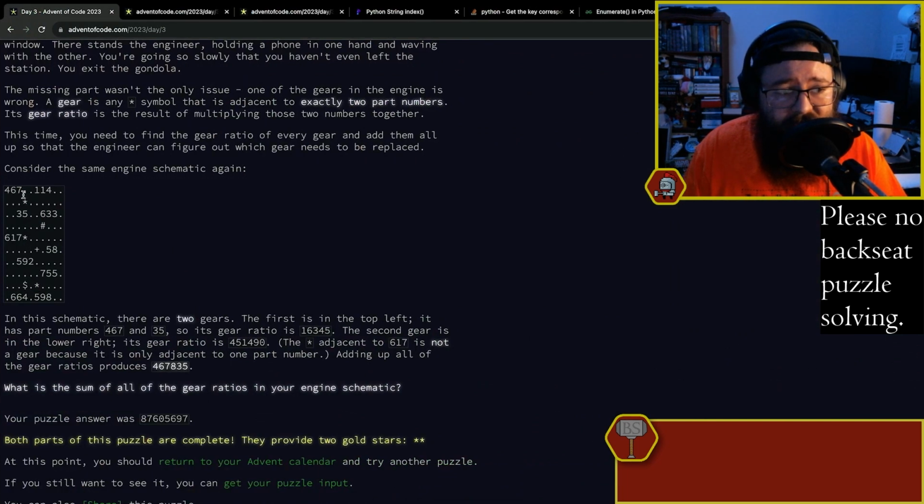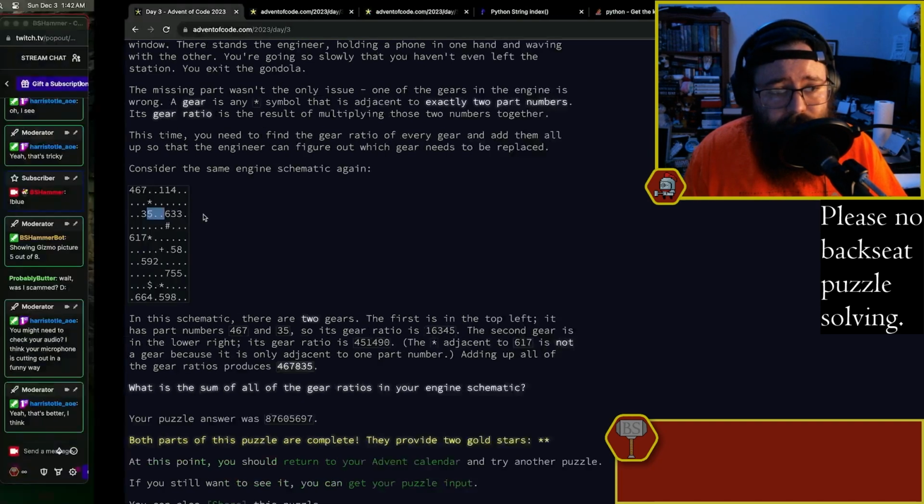The problem is, let's say I'm looking at this 35. It is below an asterisk, so I need to count this. But I don't know how far left and how far right I need to go. Because the number 5 appears right below the asterisk, I would need to scan left, but I would also need to scan right.